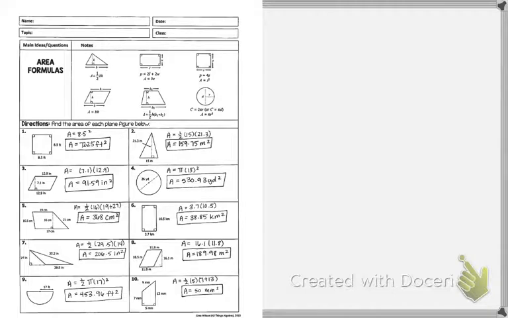Alright, so here we have our triangle now. For triangle, you have to remember your formula: 1/2 base times height. 1/2 base and your height. That's your height. That's your base.